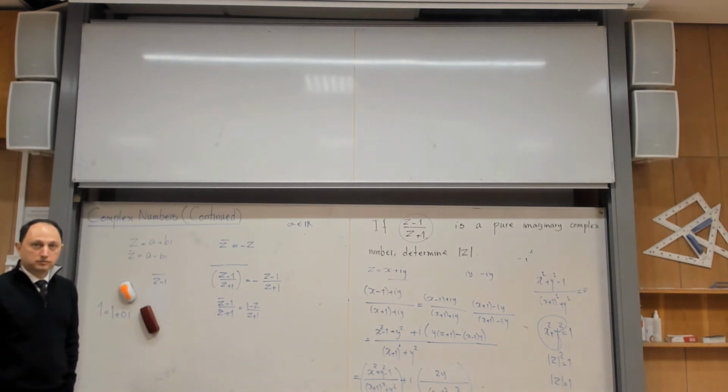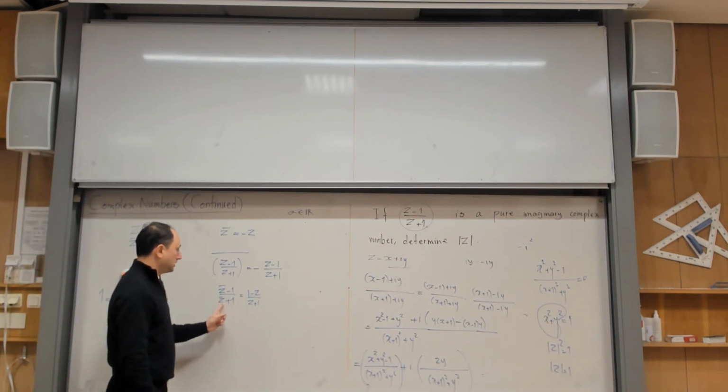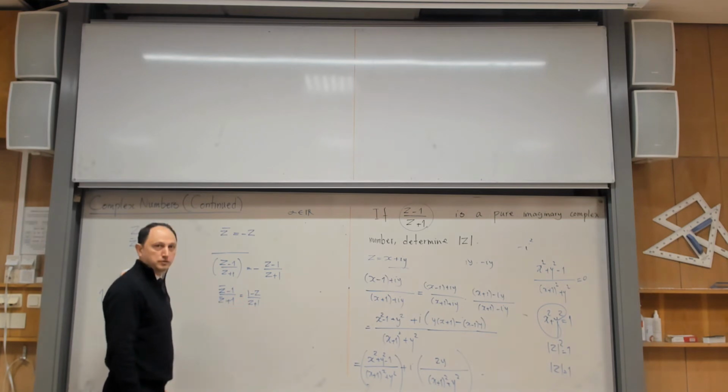Yes or no? So this is understandable. Then I just cross-multiply, because if this is equal to that one, this multiplied by that should be equal to this multiplied by that.